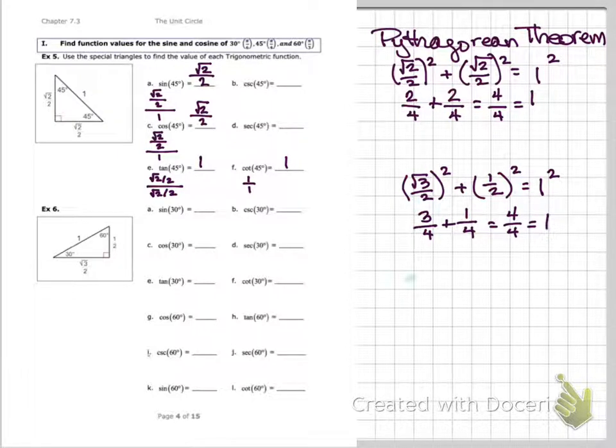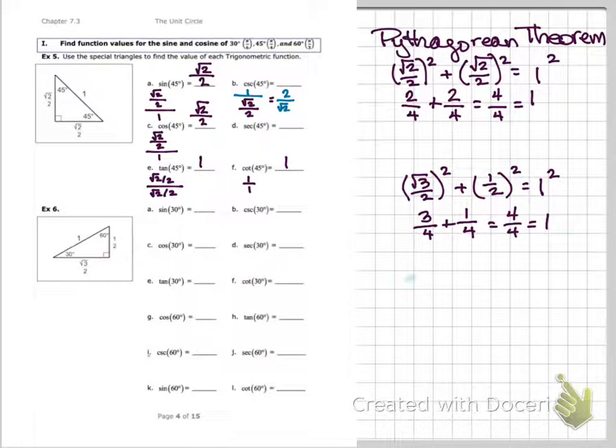Okay. Cosecant and secant. Now, cosecant is the reciprocal of sine. So it's going to be 1 over my sine, which was square root of 2 over 2, which means this is just going to get flipped: 2 over the square root of 2.